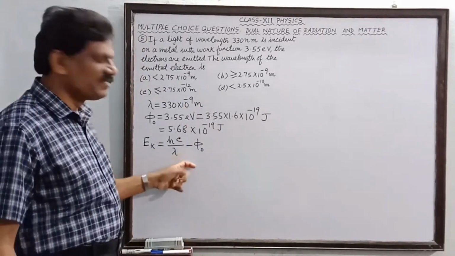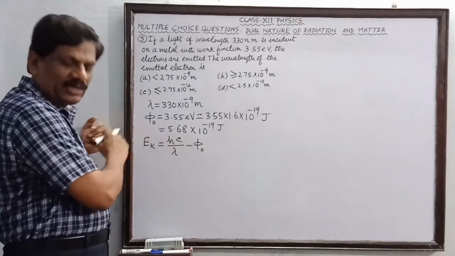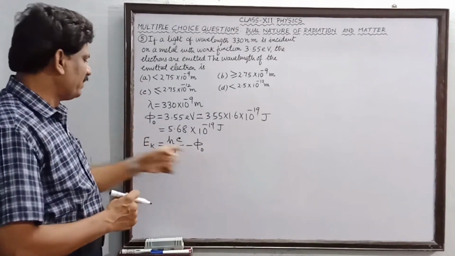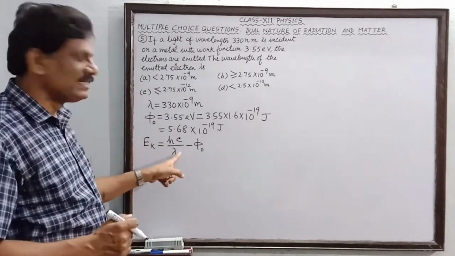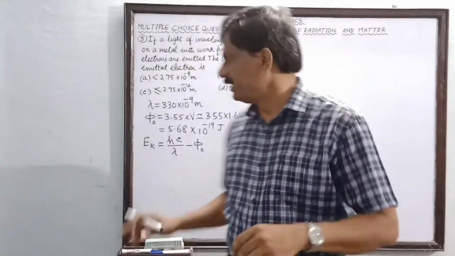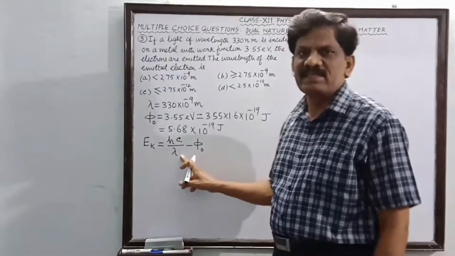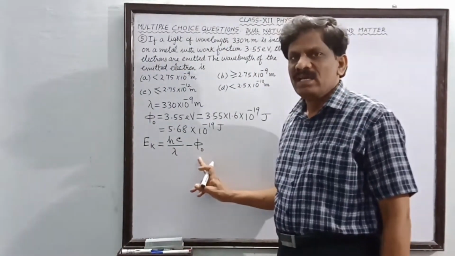This is Einstein's photoelectric equation only. Taking phi naught to the left side, work function plus kinetic energy is equal to the incident energy. Therefore, the kinetic energy of the photoelectron must be equal to the incident energy hc by lambda minus work function.